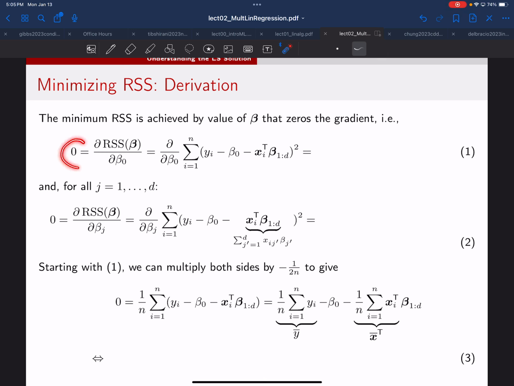And if we set that to 0, that should give us an equation of optimality. So here's our RSS, and now I've written it in a different way. This is the new way that I write y hat, or minus y hat i. So we're writing it in terms of the beta naught and the slope coefficient stuff.